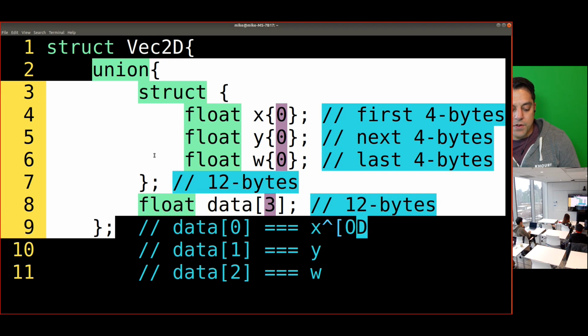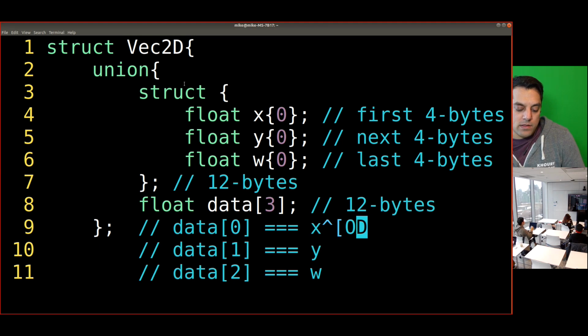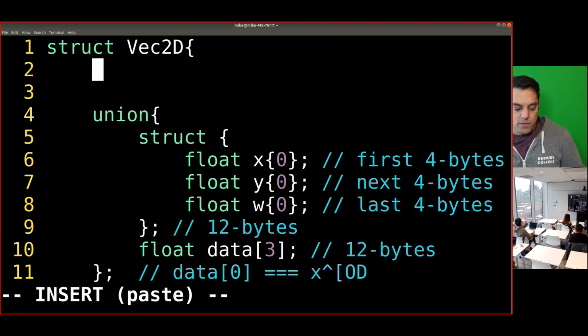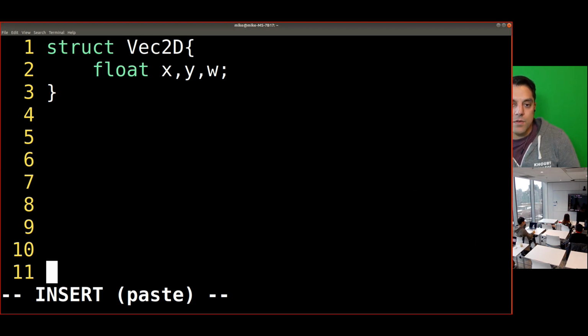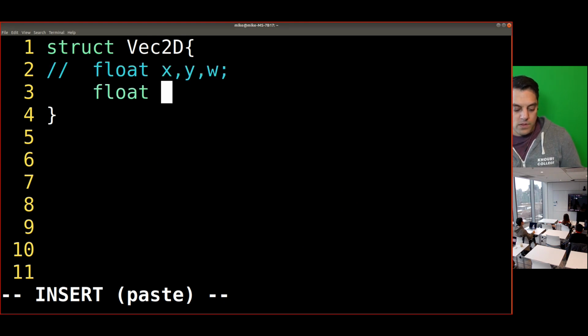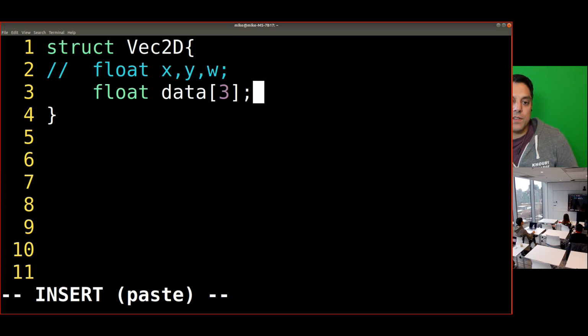Okay, so the equivalent here would be for me to just say x, y, and w, right? And I could just end my struct here, and that would be fine. Or I could equivalently just use float data[3], okay?